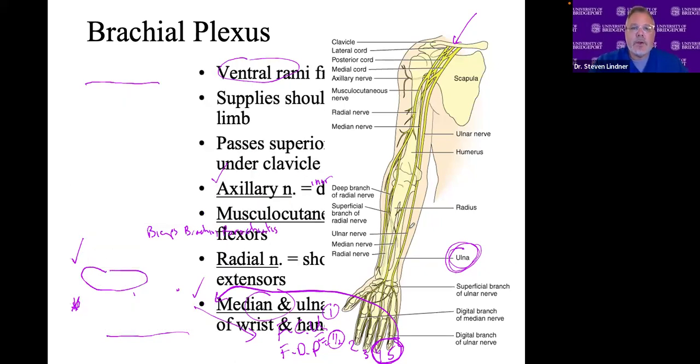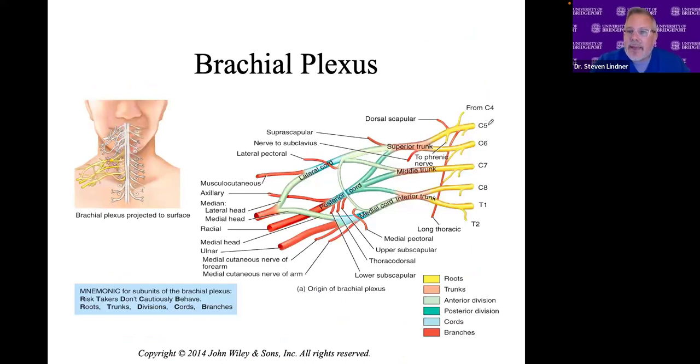Okay. So here's a closer look at that brachial plexus. You can see they go from C5 to T1, and there's different aspects or components of a brachial plexus. For our purposes, I don't need you to understand that there's divisions and trunks and cords.